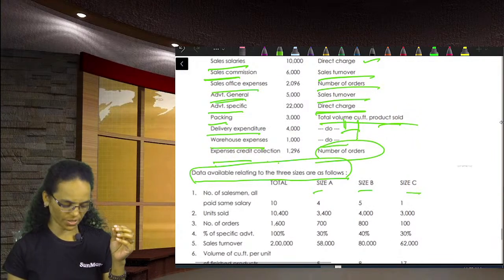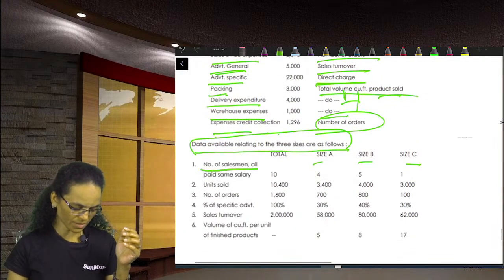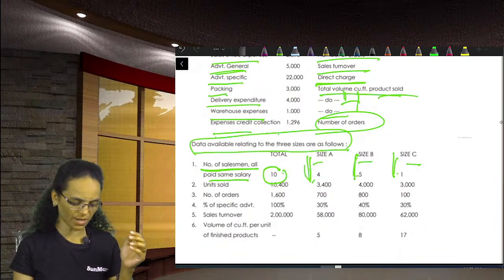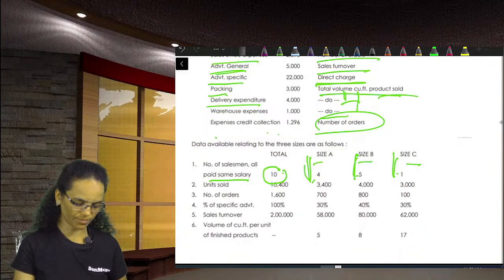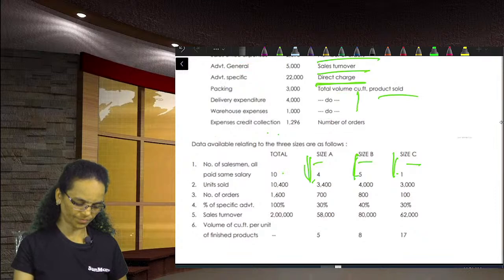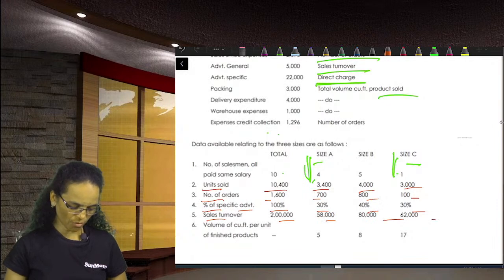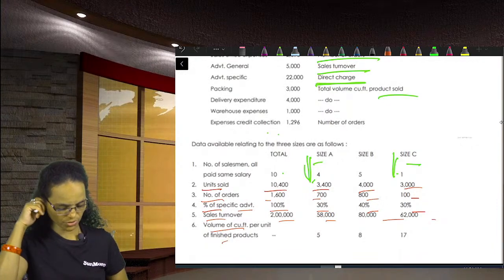Number of salesmen all paid same salary, total salary is this much in size A, size B, size C. Units sold given, number of orders given, specific advertisement expenditure given, sales turnover given, volume of units finished goods sold is also given.